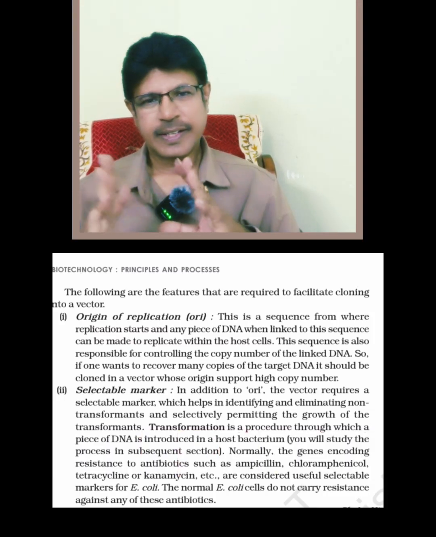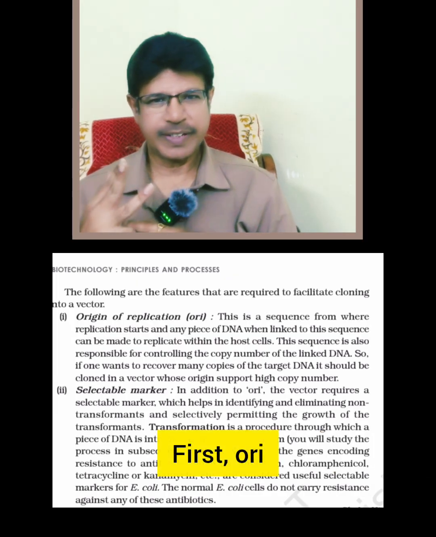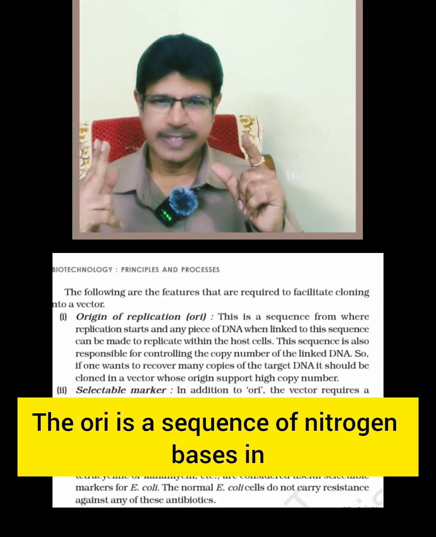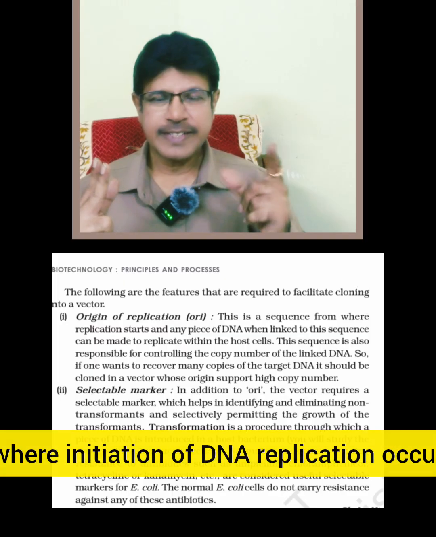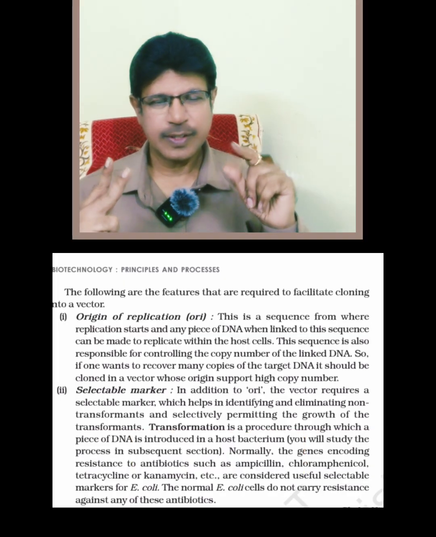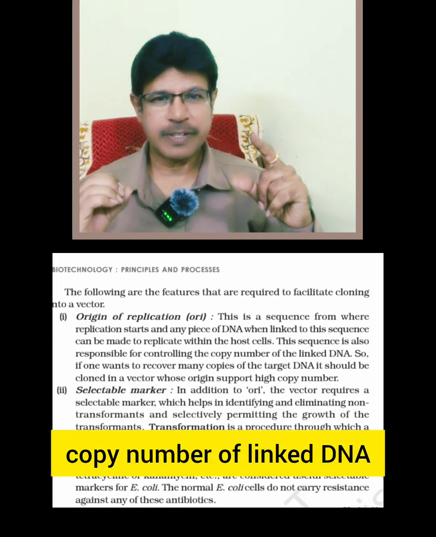Next, the characteristic features of a vector. First, ORI. The ORI is a sequence of nitrogen bases in the vector DNA where initiation of DNA replication occurs. Not only this, ORI is also responsible for controlling the copy number of linked DNA.